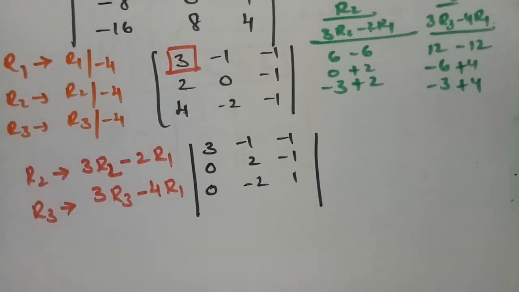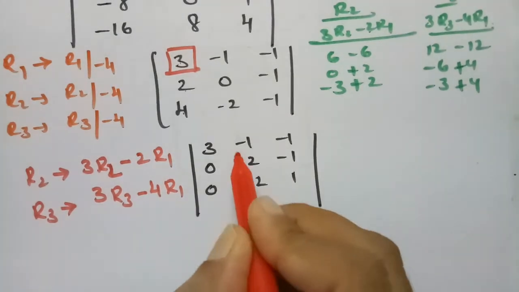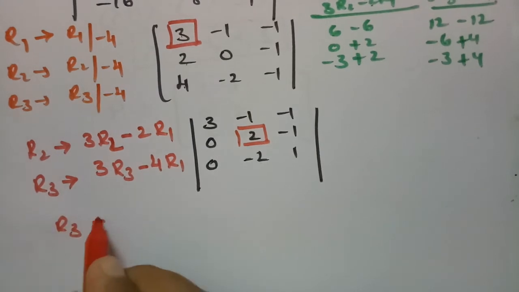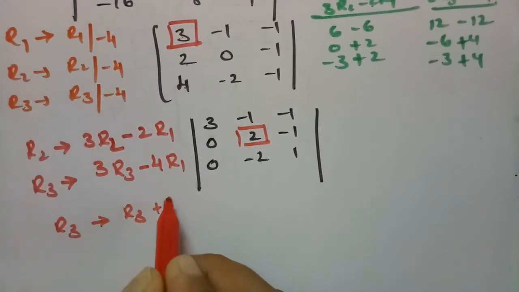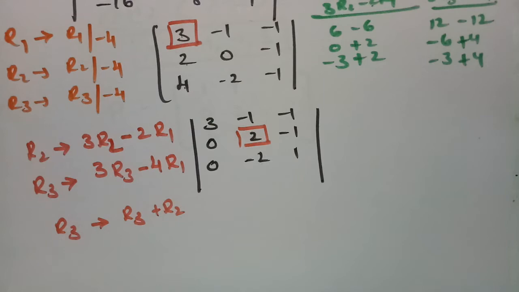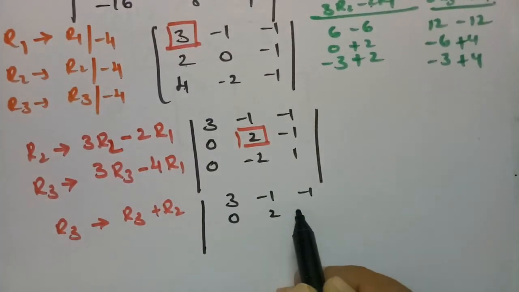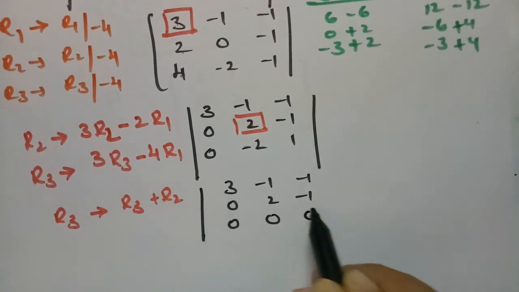So again we have to use the second diagonal element and make this 0. So R3 affected as R3 plus R2. Then see, this value will be 3 minus 1, 0, 2 minus 1, this is 0, 0, 0.